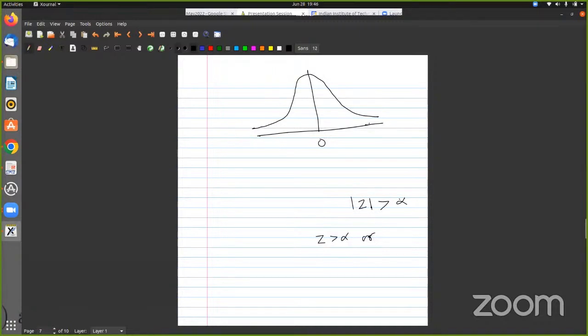What is the meaning of modulus of something? Now we are just opening it out, the plus or minus z alpha, no? Even if you take minus z greater than alpha, you multiply by minus on all sides, it will convert to z less than. Yeah, it's obvious, but let's step through that.